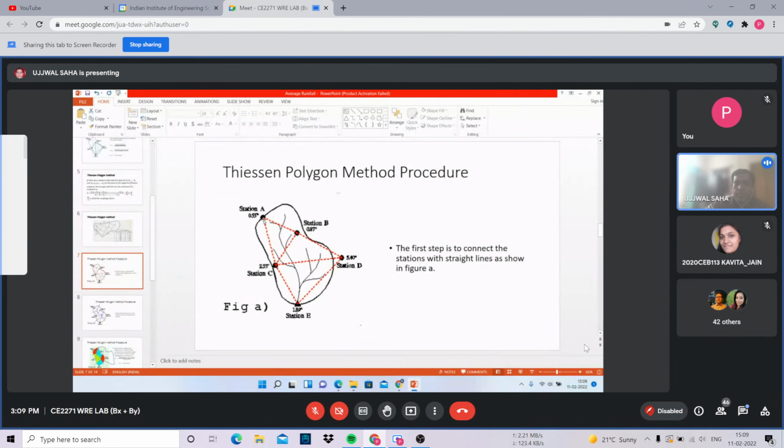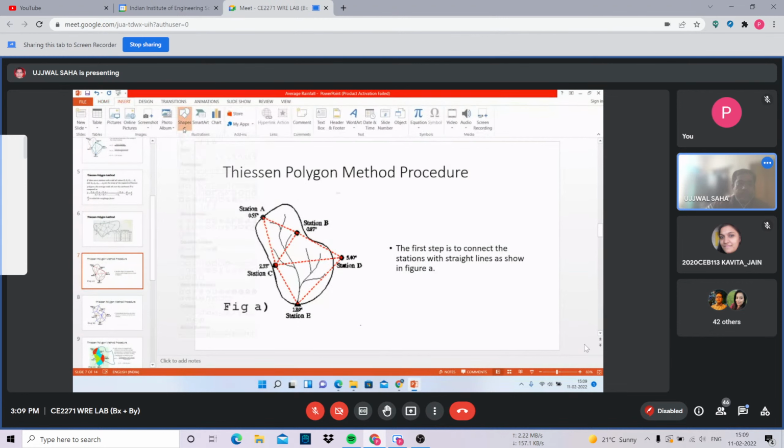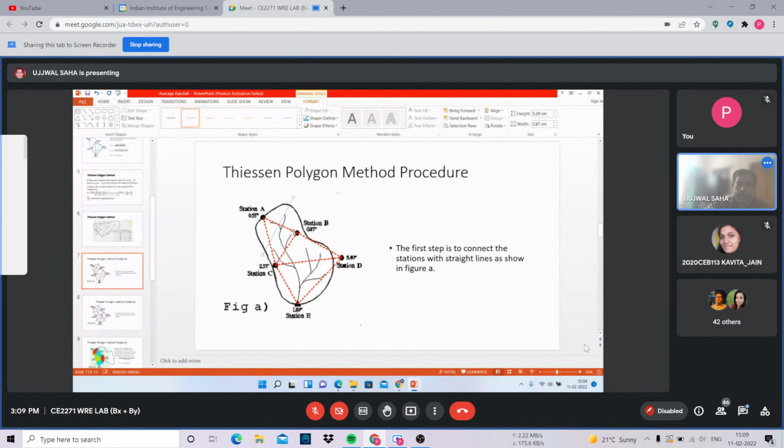A straight line is the shortest distance between two stations. Now what I will do is draw a perpendicular bisector along this line.